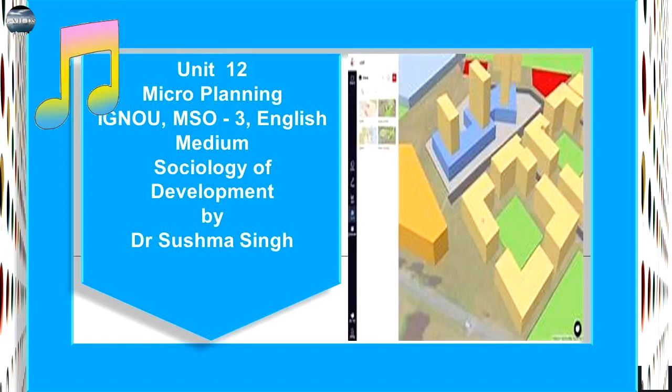It has been realized that without micro level planning, no national plan can be properly implemented. At the same time, without national priorities, no microplanning is possible.